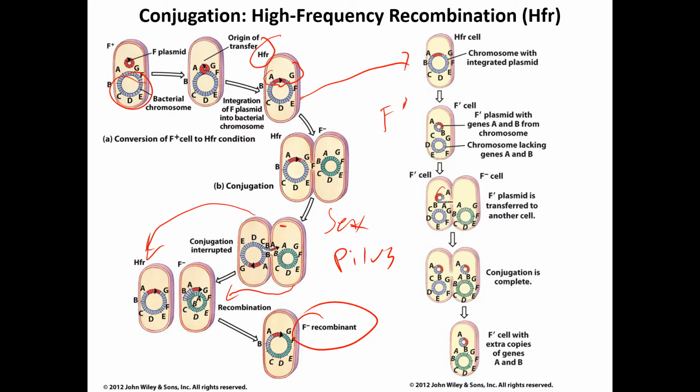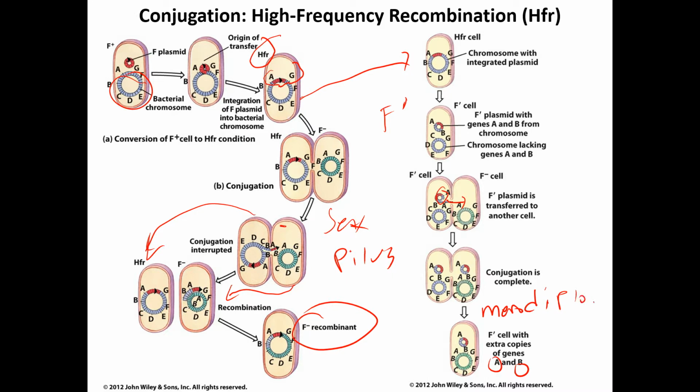Because this plasmid gets exchanged here, all right? And as a result, you end up with a bacterial cell that has two copies of genes A and B. All right, because it has a copy in the plasmid and a copy in the host cell chromosome.